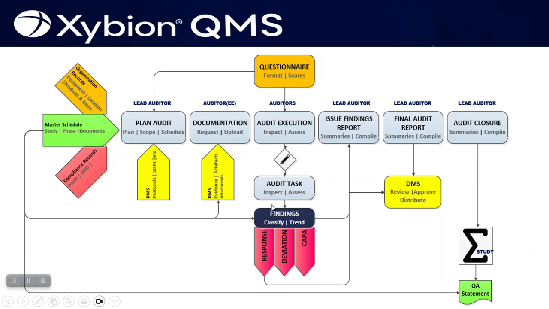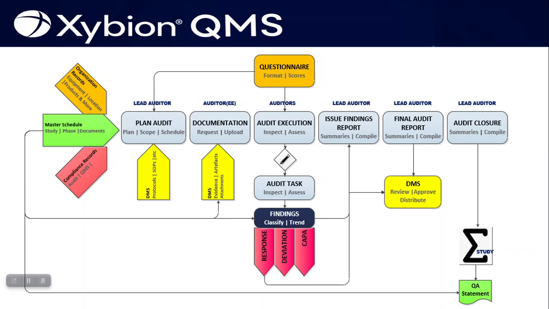It also consists of having various audit tasks and writing down those observations or findings where we gather responses, can start study deviations and CAPAs, all those pulling back into those finding reports that can be issued.